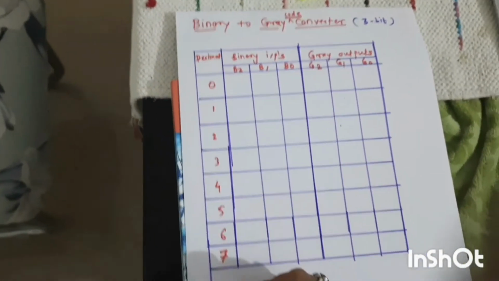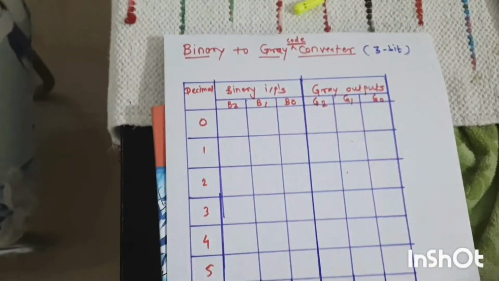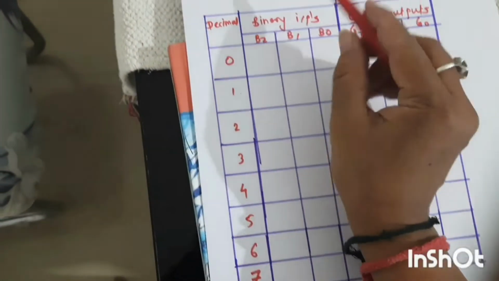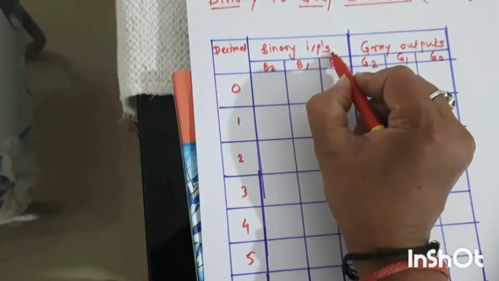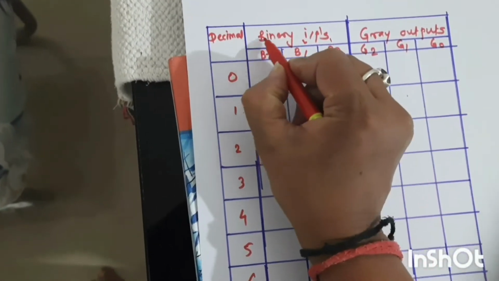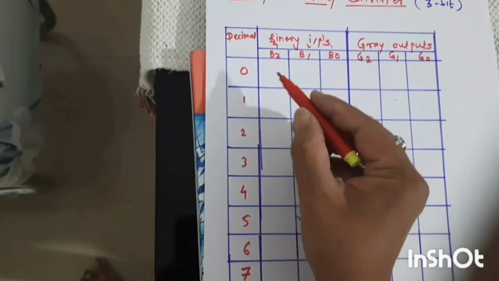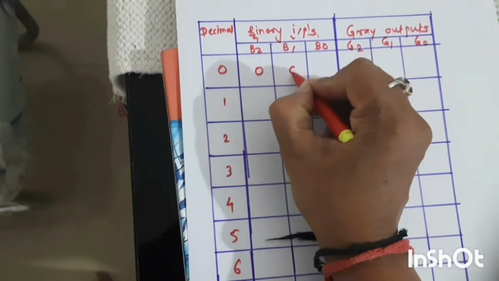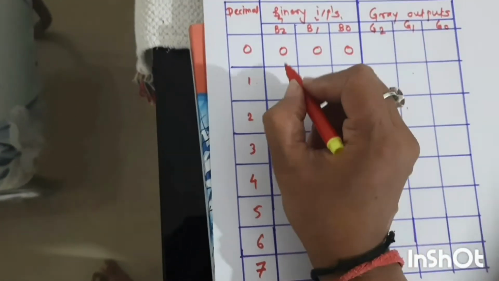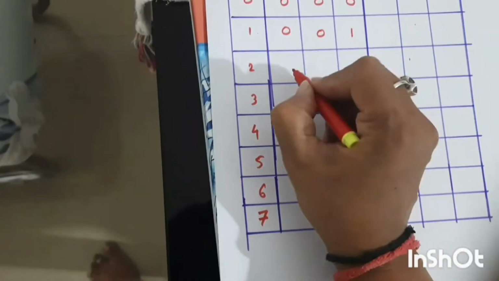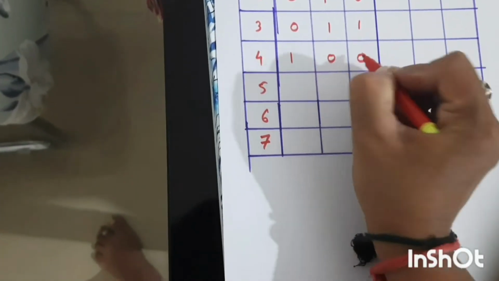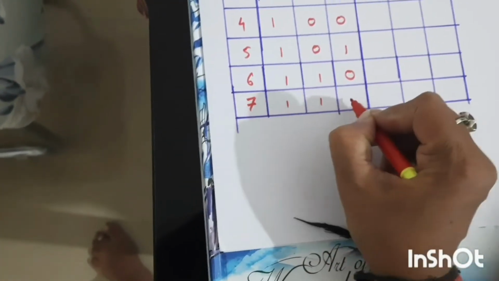0 to 7 combinations. So we all know how to write the binary number, that means always just for 1, 2 and 4. Now write the binary number for 0, that is 0 0 0, for 1 which is 0 0 1, for 2 which is 0 1 0, then for 3 it is 0 1 1, for 4 it is 1 0 0, 5 it is 1 0 1, 6 it is 1 1 0, and for 7 it is 1 1 1.